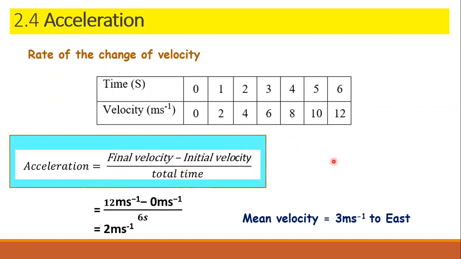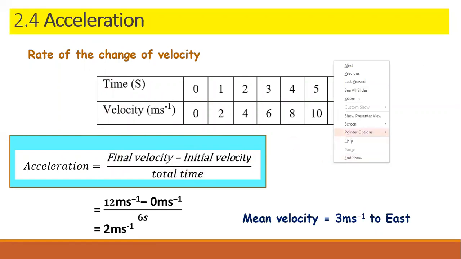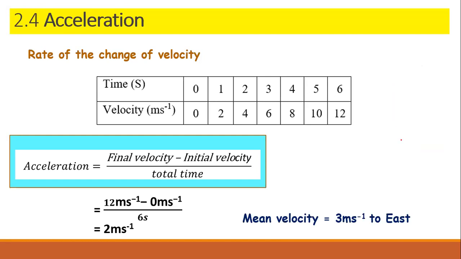Here in this table, it is given how the velocity has changed within time intervals. Here it is given as a 1 second time interval, and the velocity change is given. In the first second, the velocity is 2 meters per second. But with time, velocity is increasing. That means we are moving with a particular velocity and we are accelerating, accelerating, and accelerating. In this way, it has become 2, 4, 6, increasing by 2 each time.